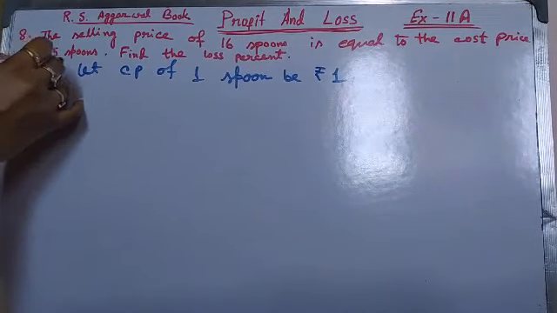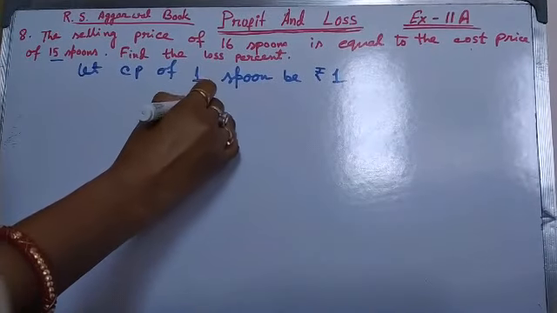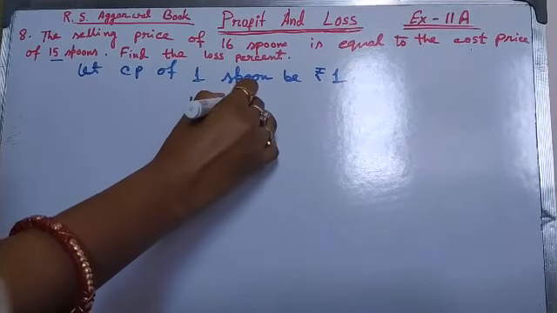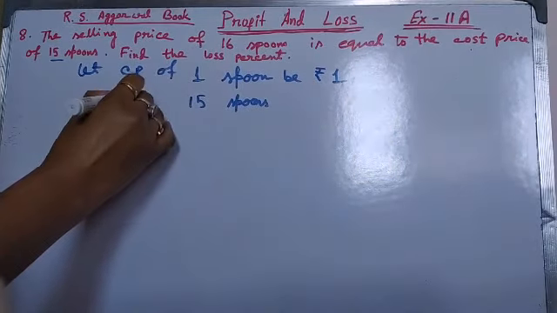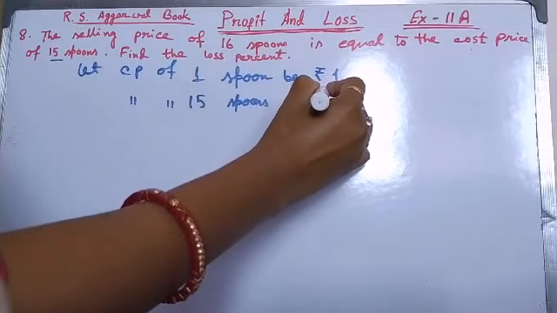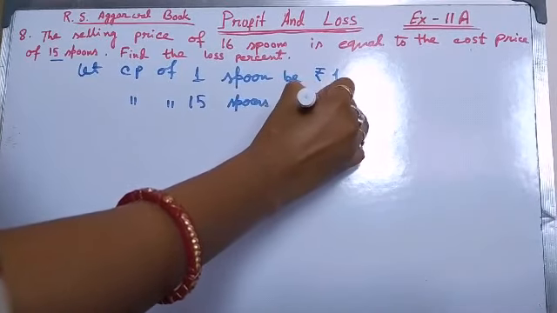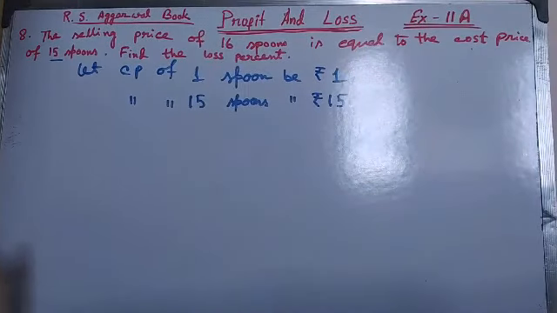So here the cost price of 15 spoons is given. So the CP of 15 spoons will be 1 into 15, that means rupees 15.